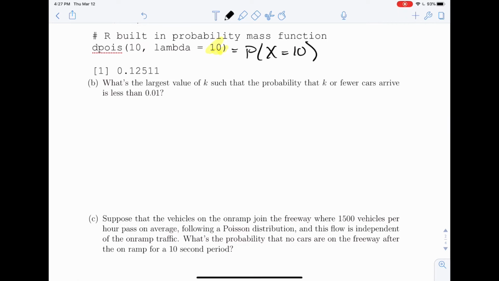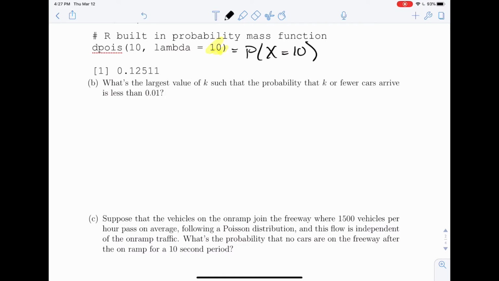All right, part B. I know some people had a little trouble with this. It says, what's the largest value k such that the probability that k or fewer cars arrive is less than 0.01? So let's set this up.